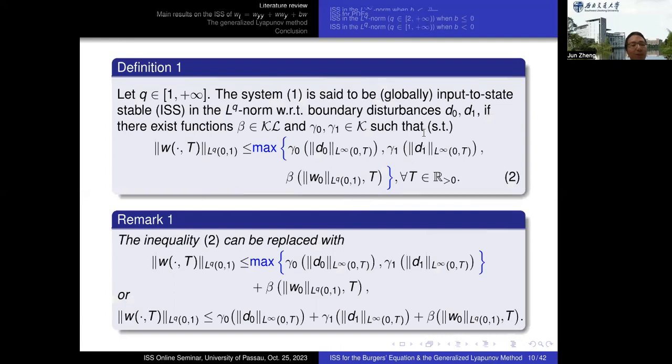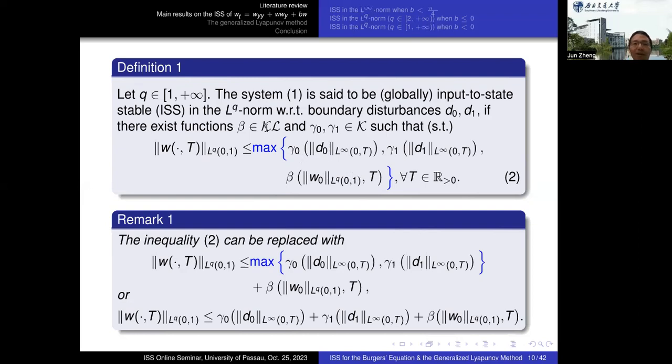Let's look at the definition of ISS for the Burgers equation. For any q no less than 1, we say the system is globally ISS in the spatial L^q norm if there exist comparison functions beta and gamma 0, gamma 1 such that this estimate is true.